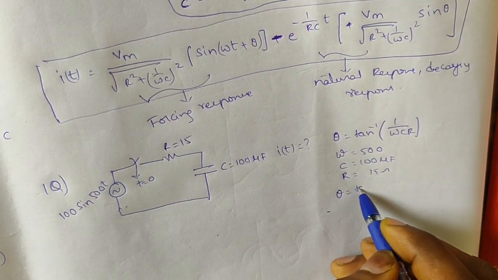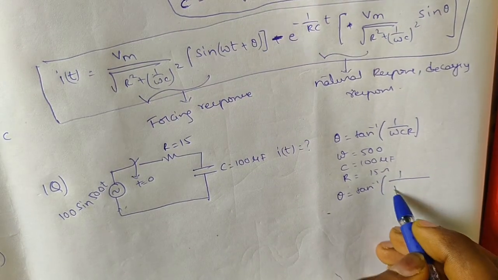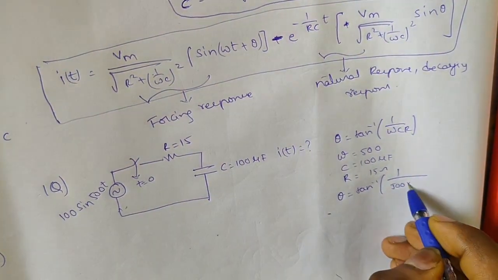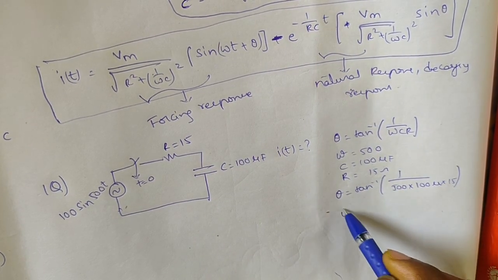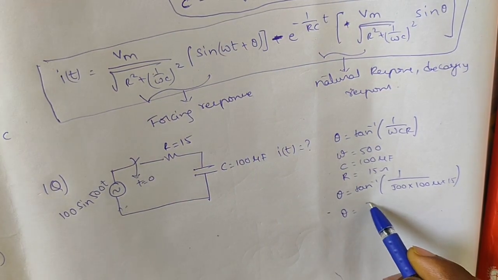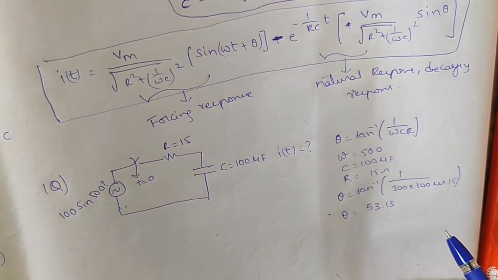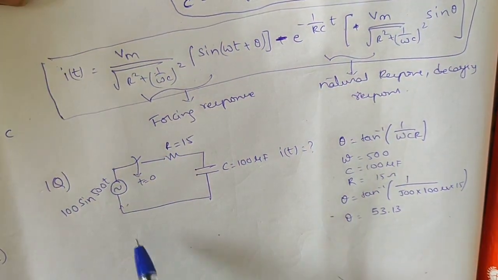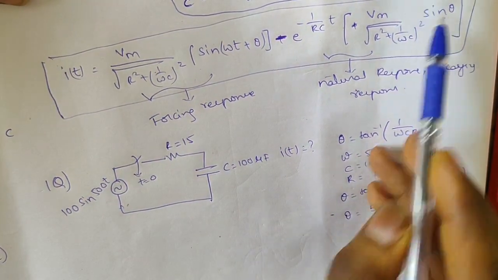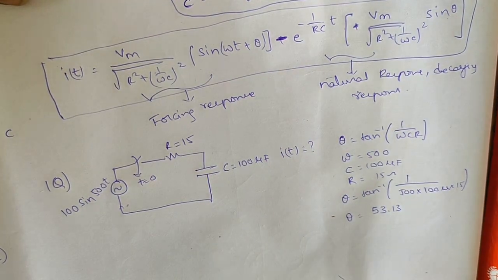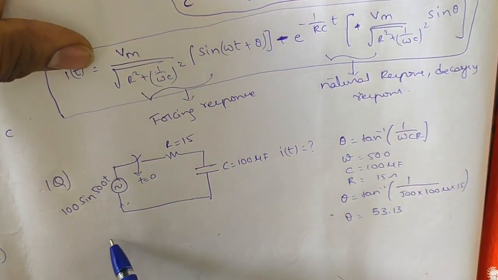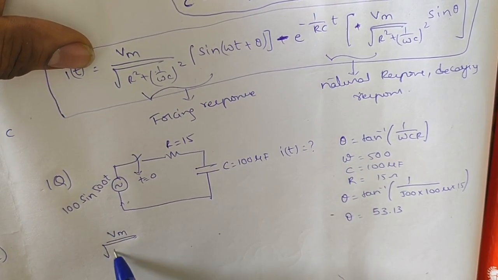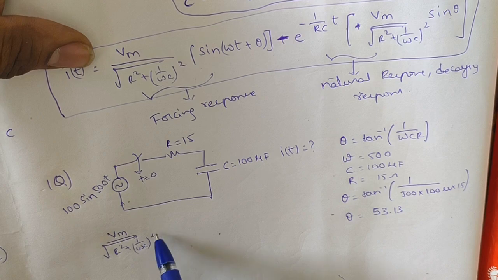Now theta will be tan inverse of 1 by 500 into 100 micro into 15. The theta value will be 53.13 degrees. Now we got this value, and we need to find Vm by under root of R square plus (1 by omega C) whole square.